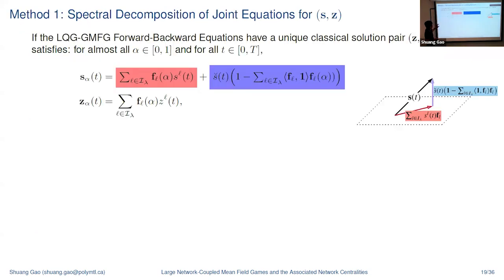And the idea to solve that equation is we look at the process X, we project it into the eigenspace, the space spanned by the eigenfunctions. And the rest of it is just some invariant subspace orthogonal to the eigenspace. We do projections for both the process S and process C. If we do that, it turns out the solution can be separated into two corresponding parts.